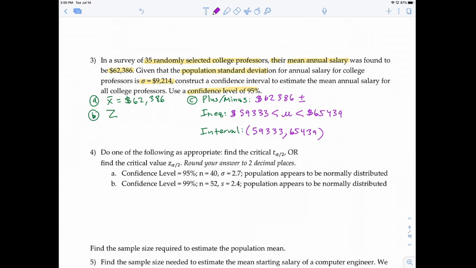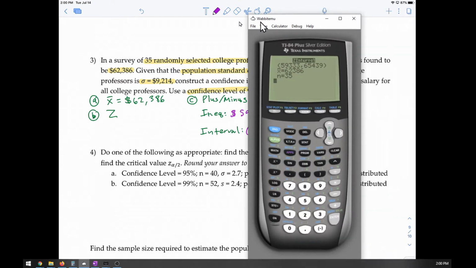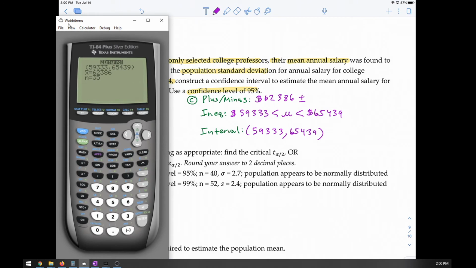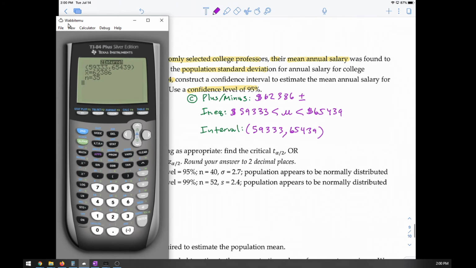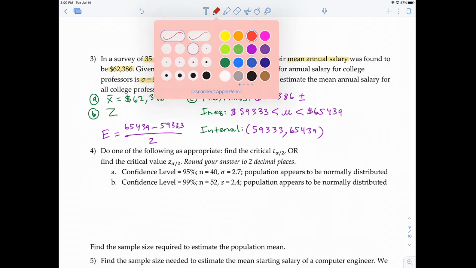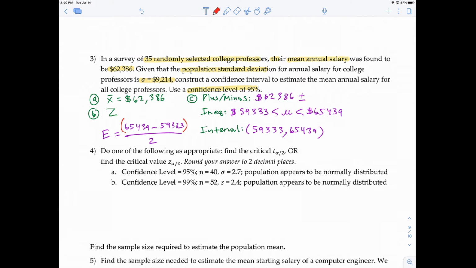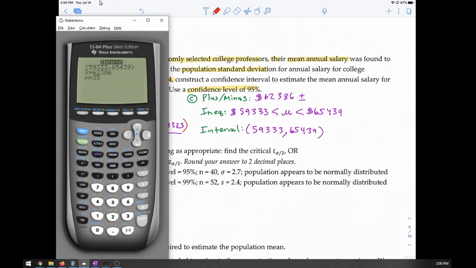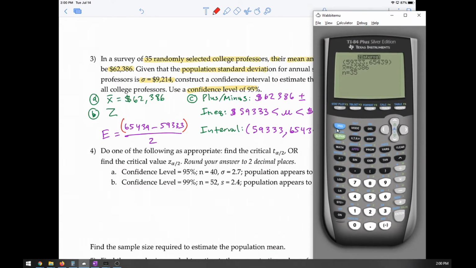Okay, so let's go ahead and calculate that. Let me just write it over here so you guys can see the math that I'm doing. So 65,439 minus 59,333 divided by 2. And again, it's always a good idea to put the parentheses there just to remind yourself to put them when you put it into the calculator.